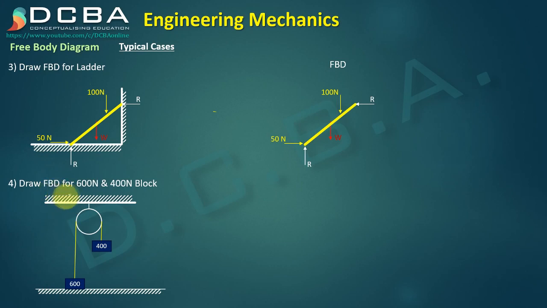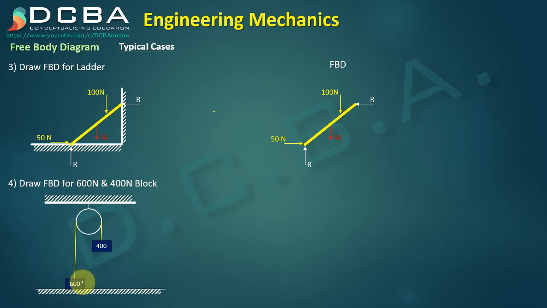Then we have the free body diagram for the 600 Newton and 400 Newton blocks. See, now the two blocks here, 600 and 400. 600 is resting on the surface, 400 is not resting on the surface. The moment something comes in contact with another surface, it definitely gets a reaction from that surface.